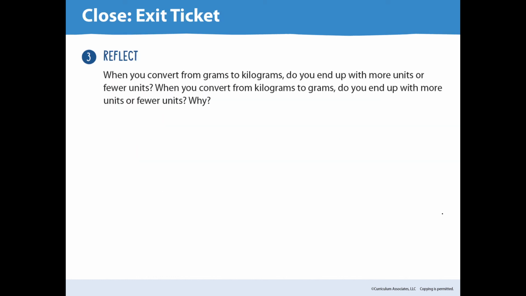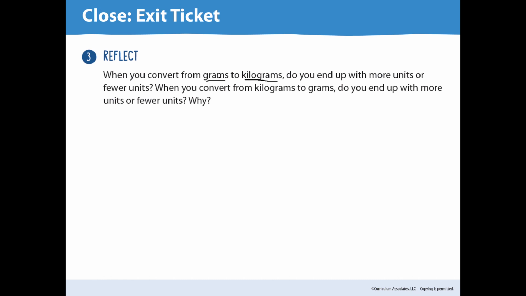Number 3, when you convert from grams to kilograms, do you end up with more units or fewer units? So let's answer that one first. When you convert grams to kilograms, we're going from a smaller unit to a larger one. And so we're actually going to end up with fewer units because kilograms are larger.